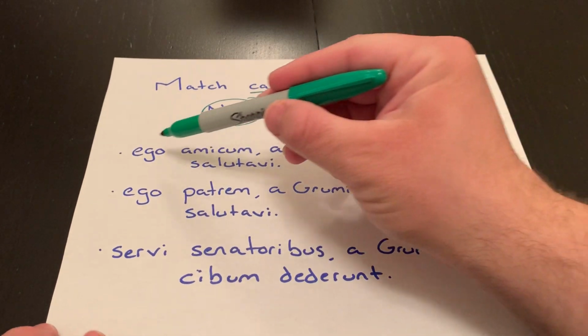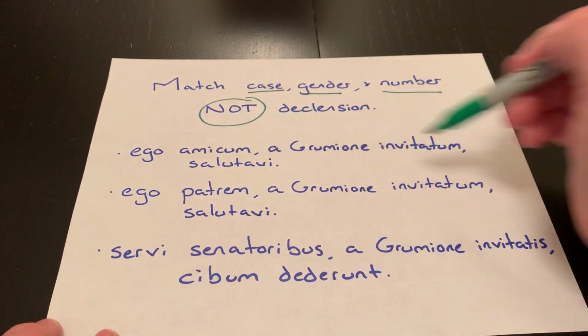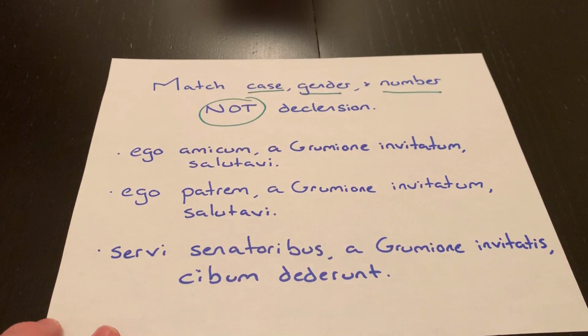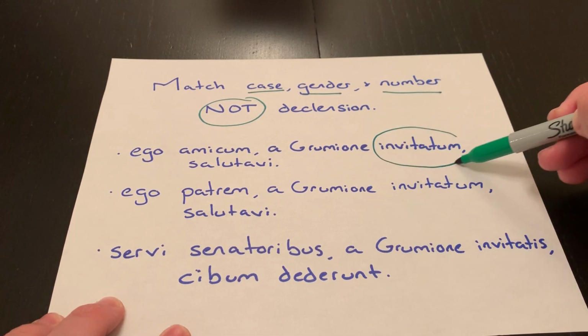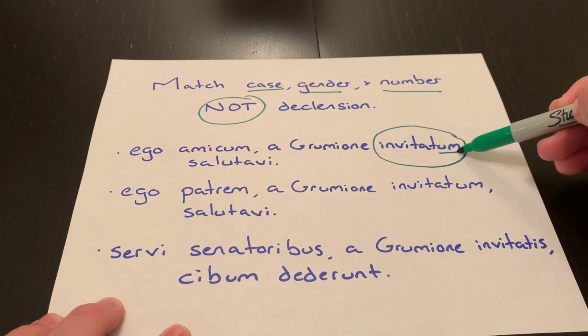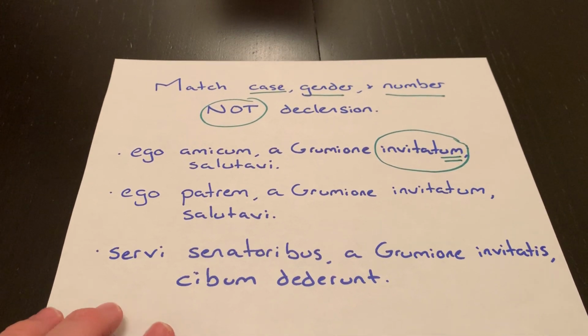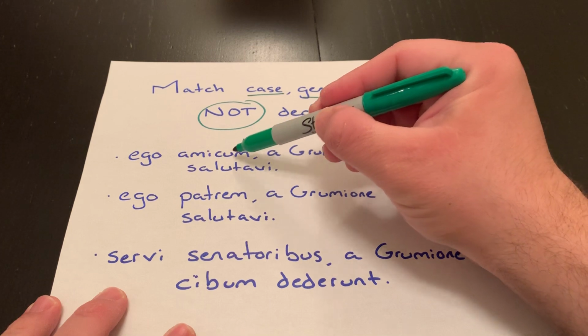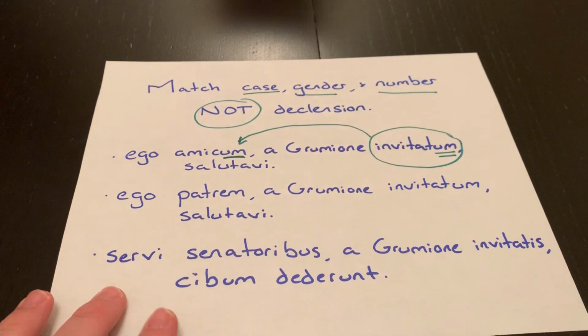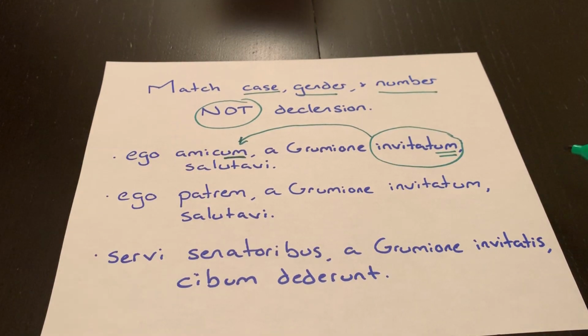Here we have ego amicum a Grumione invitatum salutavi. Okay, so here's our participle, and notice now it's got an accusative ending on it, invitatum. It's got an accusative ending on it because the thing it's describing is accusative. Okay? Masculine accusative singular, masculine accusative singular.